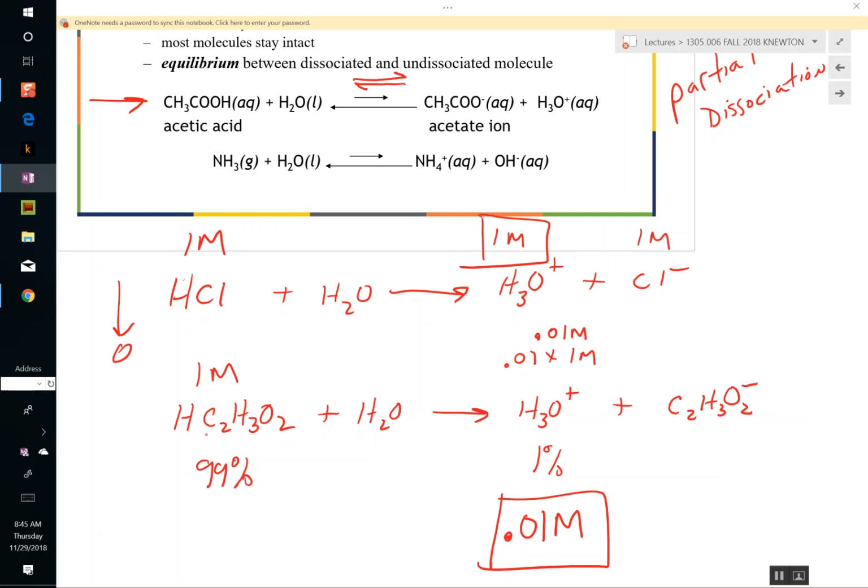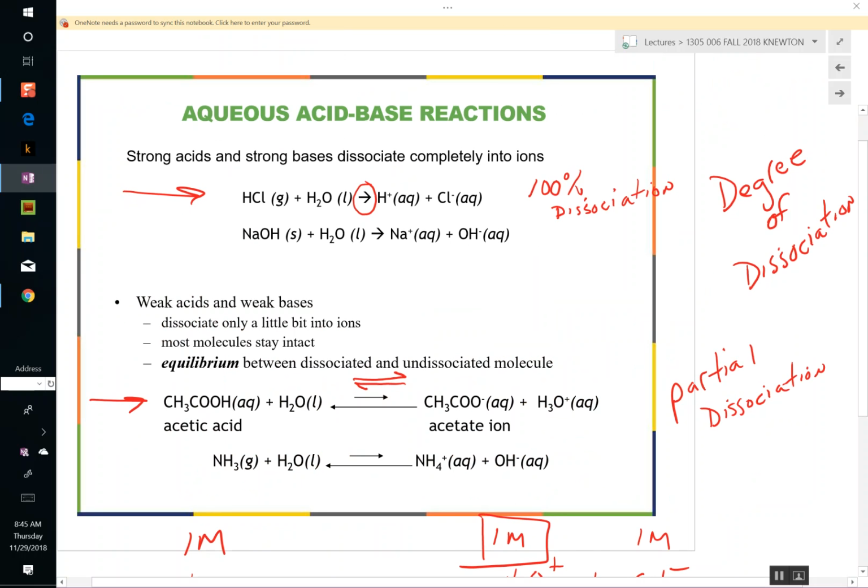And you think, well, that's not a big difference, but remember, we're going to be talking about a logarithmic scale. So the difference between 1 and 3.5 is a huge difference. Lots more hydronium ion. Okay, so that's where we're at. So understand what are acids, what are bases.